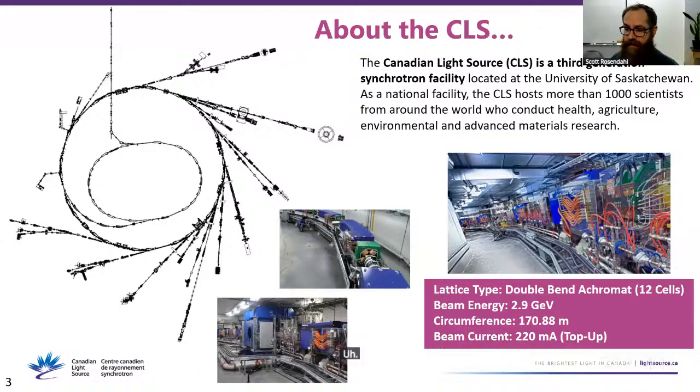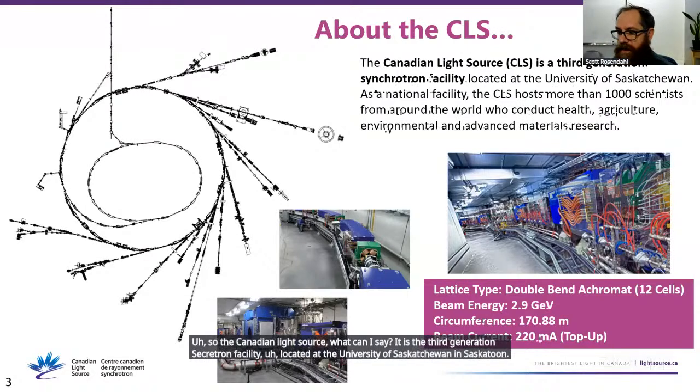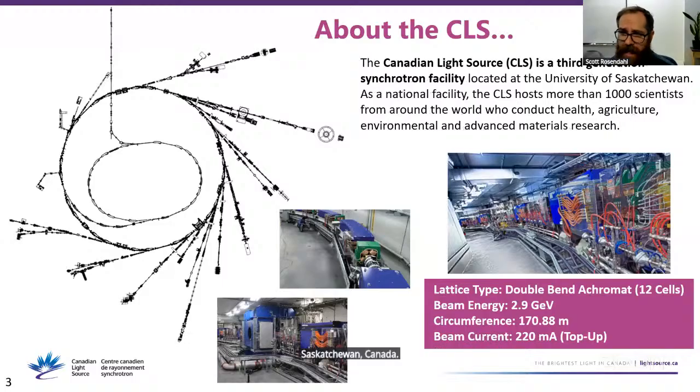So the Canadian Light Source, what can I say? It is the third generation synchrotron facility located at the University of Saskatchewan in Saskatoon, Saskatchewan, Canada. It is Canada's only synchrotron. And as you can see, we are a double bend achromat kind of setup where we have 12 cells.